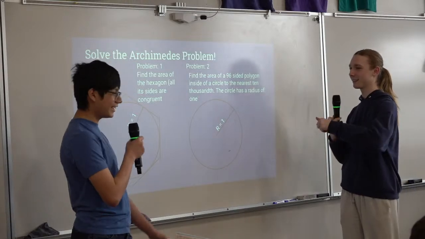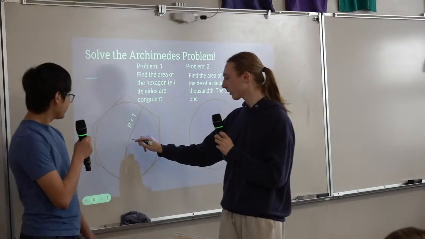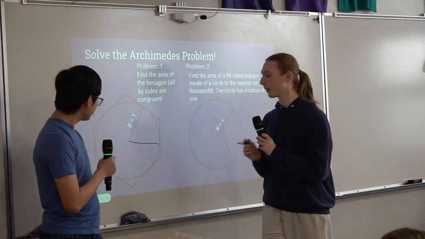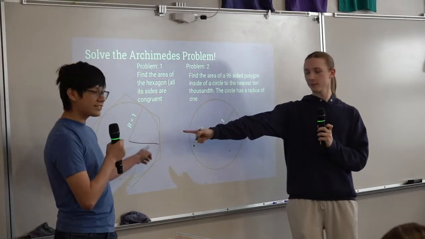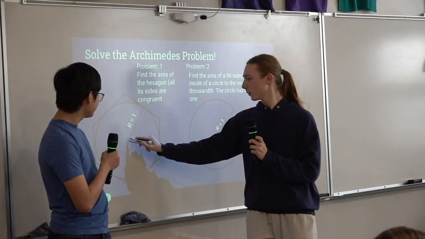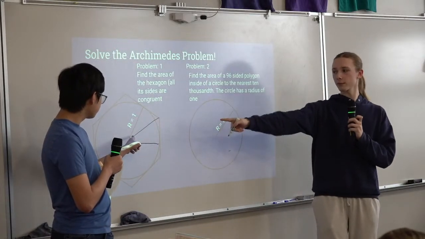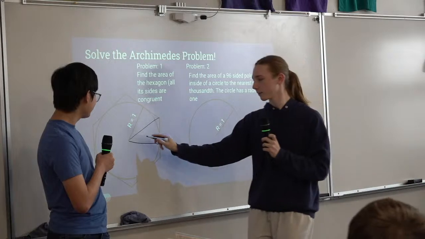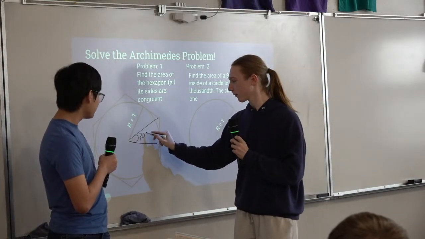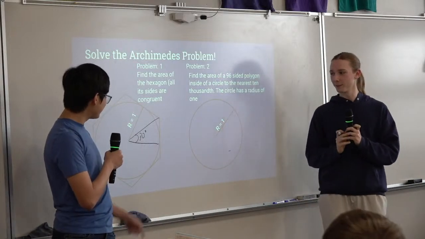Hexagon. 6. Okay. Can you draw something here? So this is 60 degrees, right? Can you bisect this? Can you put 30 degrees in here? Yeah, that one works. It's a bisector.